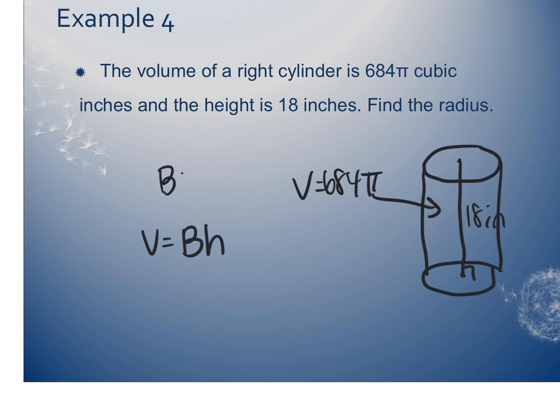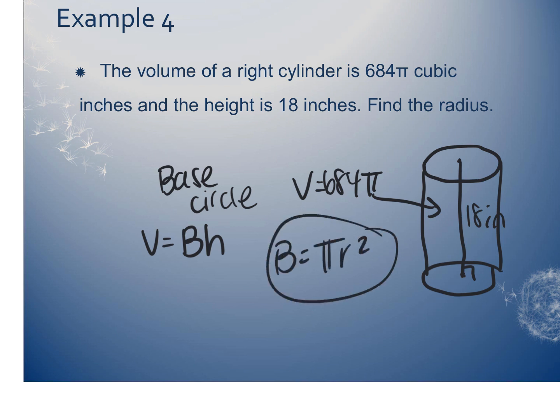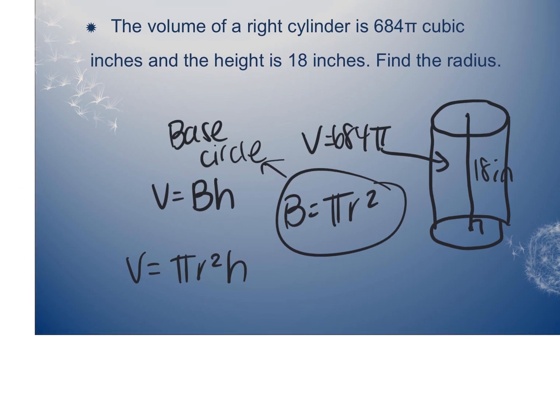My base is a circle, so my area formula for the base, my B value, is pi r squared. So my volume is pi r squared times the height. I know the height and the volume, so I'm just going to plug those in. The volume is 684 pi and the height is 18 inches.